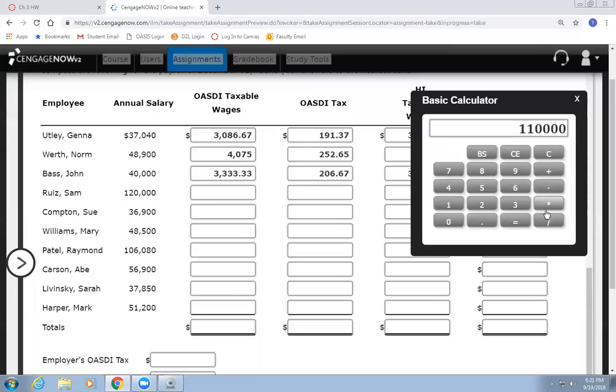Up to this point, his gross pay was $110,000, 11 months at $10,000. So we subtract that from the limit, and we get taxable wages for the OASDI, the Social Security, of $8,500. His paycheck will be $10,000 gross pay, but $8,500 of that will be subject to Social Security taxes.